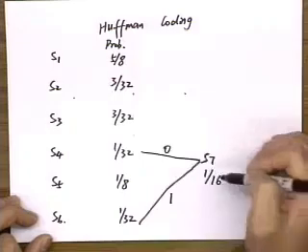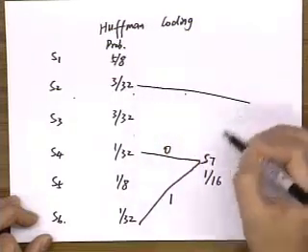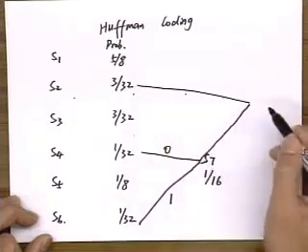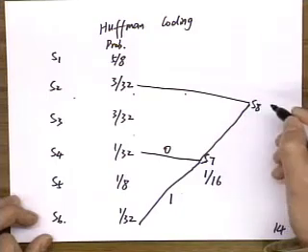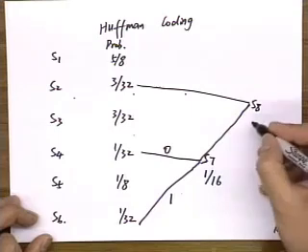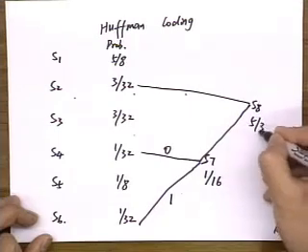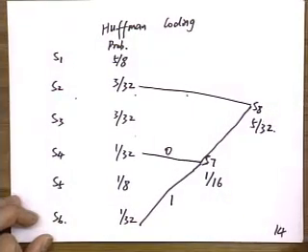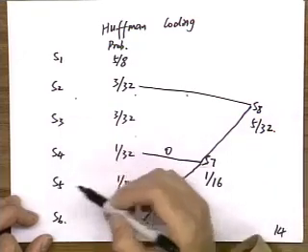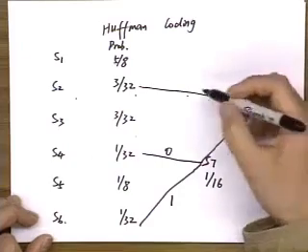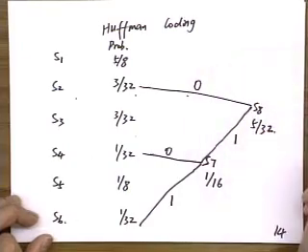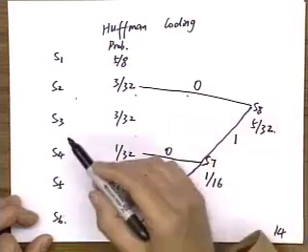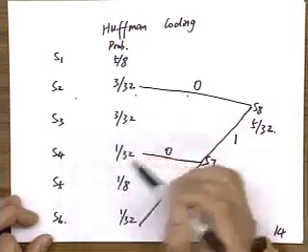We pick S2 and S7 and combine these 2 nodes together to form a new node S8, which is 5/32. And then this process just goes on, and we pick S3 and S5. Oh, I forgot to assign a bit for each branch, 0/1. And this process just goes on. We pick S3, S5.